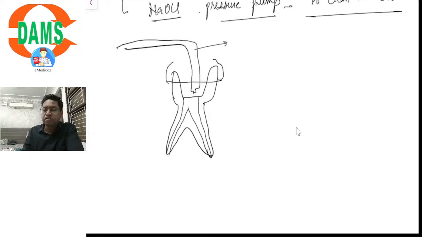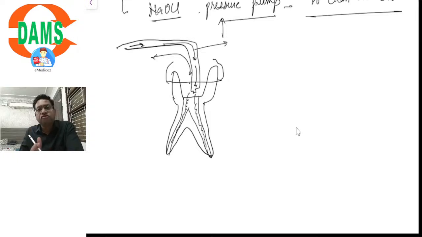This is sodium hypochlorite pressure pump, and at the side of this there is an evacuation tube. So with pressure, sodium hypochlorite is pumped inside the pulp chamber, and because of its low surface tension, it would seep down the depths of the root canal and chemically debride the root canal. And whatever excess solution is there, continuously it is being flushed out. So this is non-instrumentation technique.